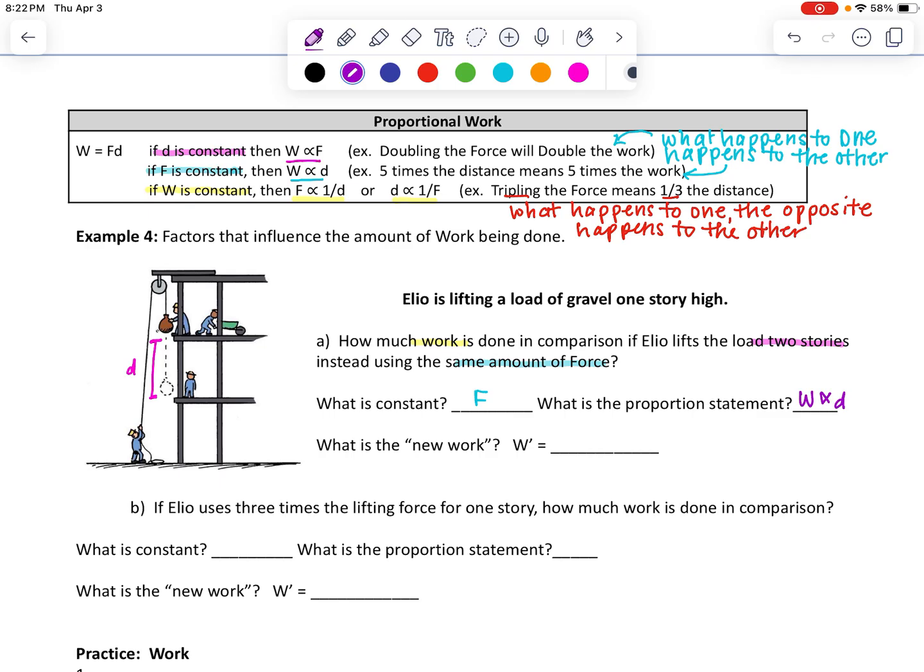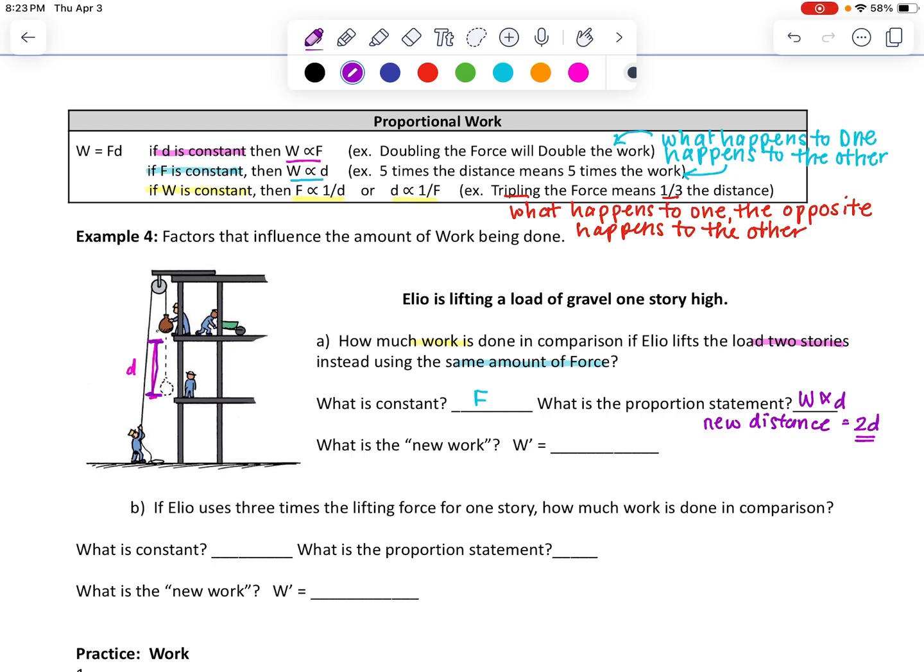I made mine look a little weird, but that should be a proportionality. What is the new work? Well, notice the new distance is 2 times D. The first one, D is only 1 story, like I did here.